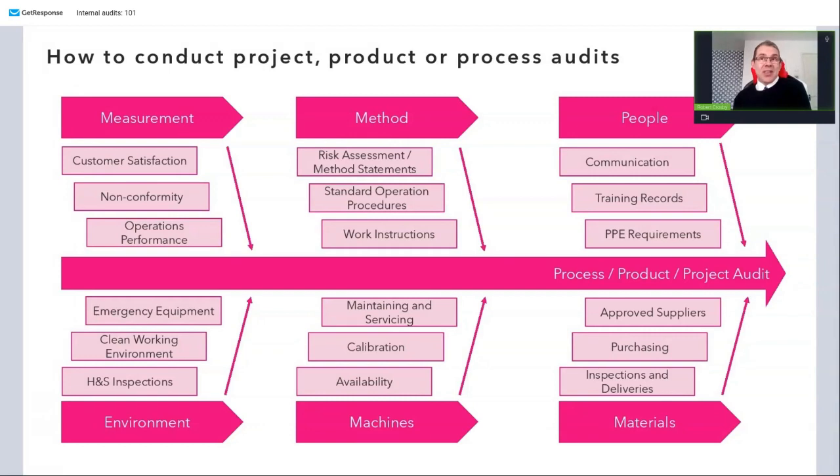The principles are the same, whether you apply it for a project or a product or a process. And it doesn't have to be manufacturing. It can actually be within your office environment, for example, during the service delivery activity.